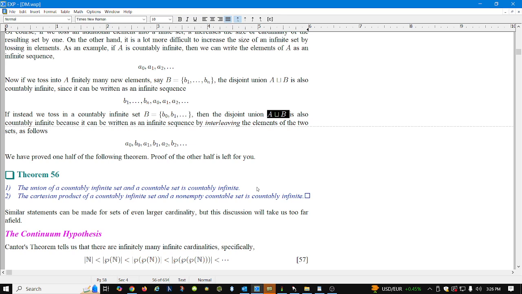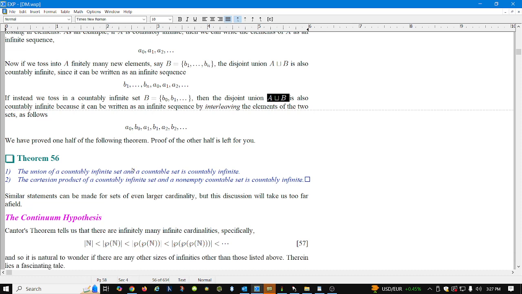So that's what I mean by the size being kind of sticky. It's reluctant to become larger. There's a second part to this theorem. The Cartesian product of a countably infinite set and a non-empty countable set is still countably infinite. And I'm going to leave that for you to ponder if you're interested.